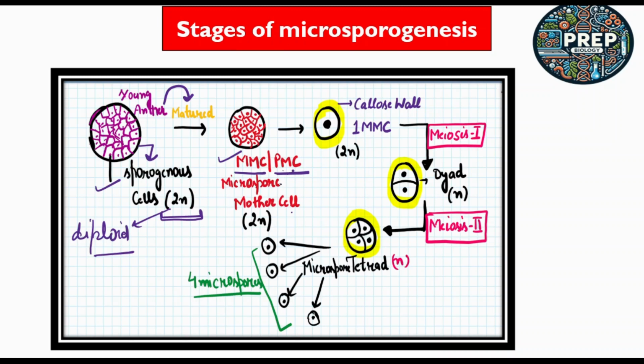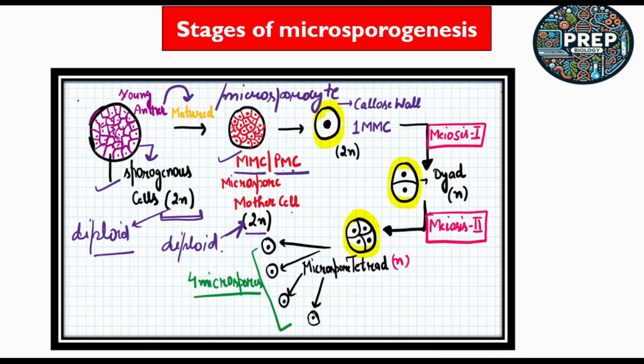The PMCs or MMCs are also called the microsporocyte. This is another name for the pollen mother cell and microspore mother cell, which is also 2n, diploid in nature.